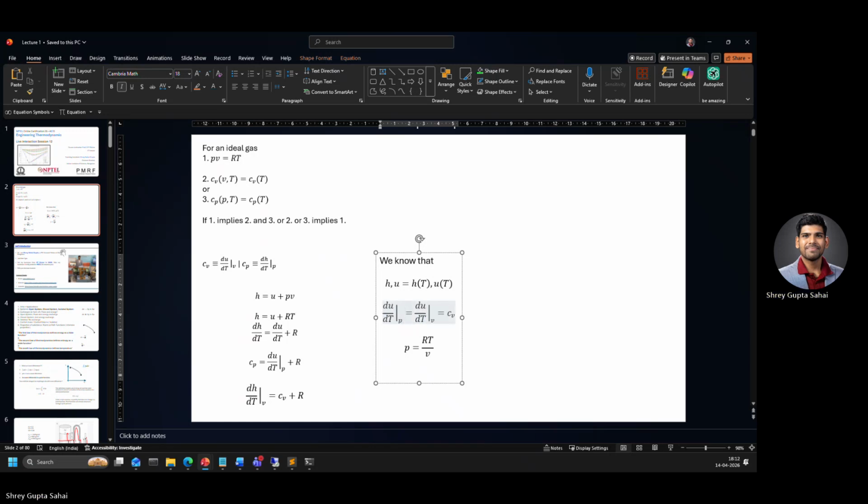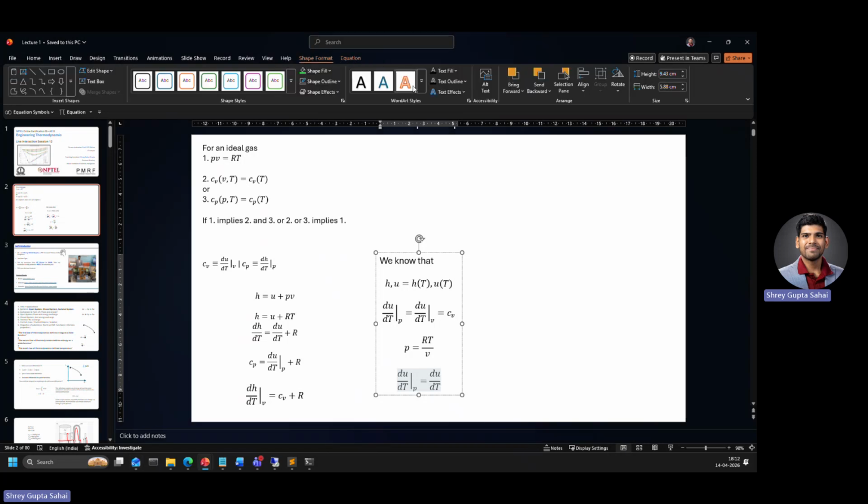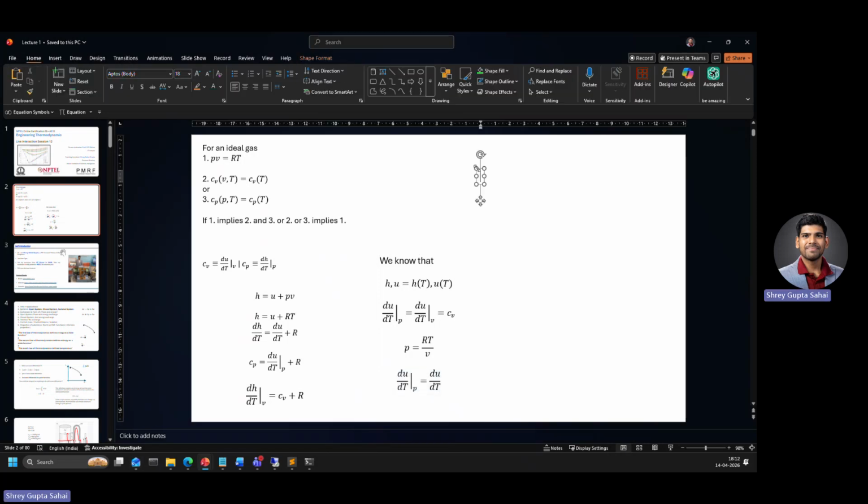Now, this thing implies that, there is a rule to use. There is actually a rule for this kind of thing. So what is the rule that we can actually use here? Again, you might have read about this rule in the thermodynamic relations.